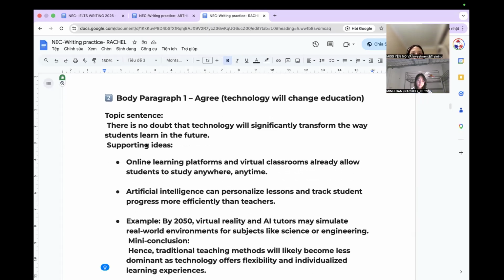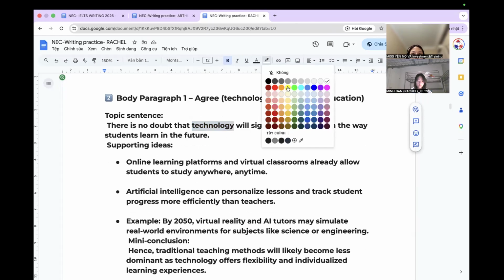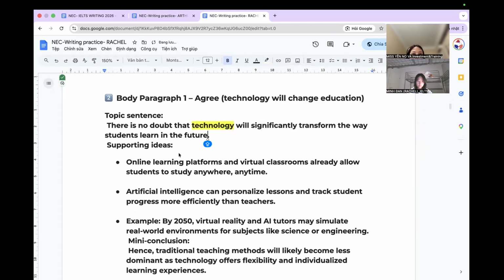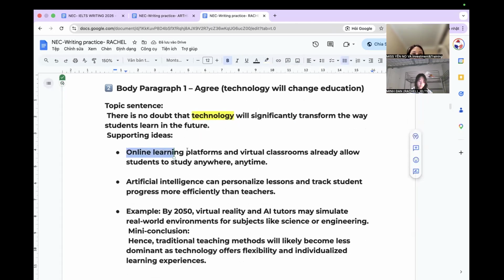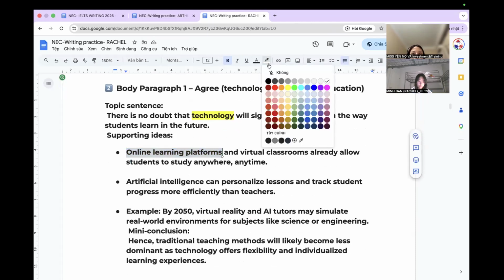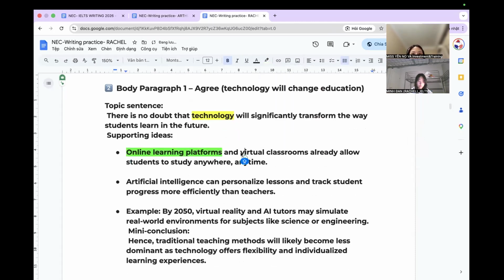So yeah, we can agree that technology can significantly transform the way students learn in the future, because we can use online learning platforms to support distant learning and virtual classrooms as well. You can study anywhere, anytime.